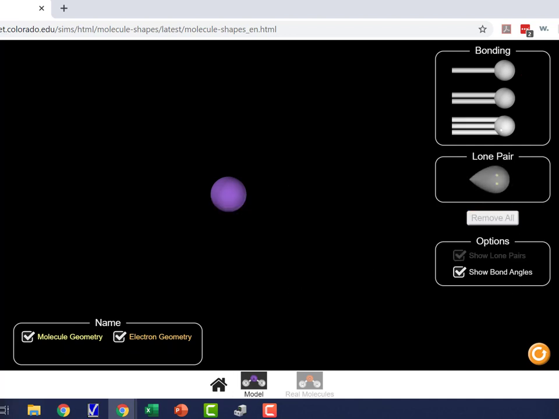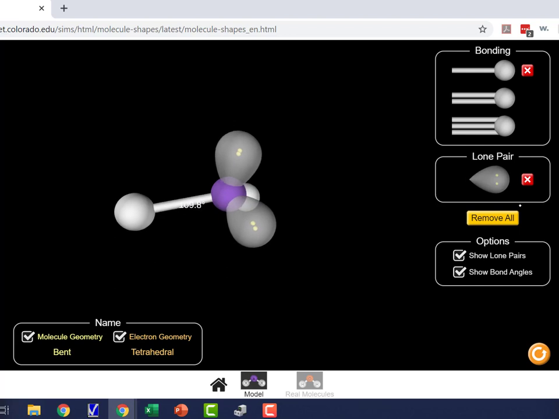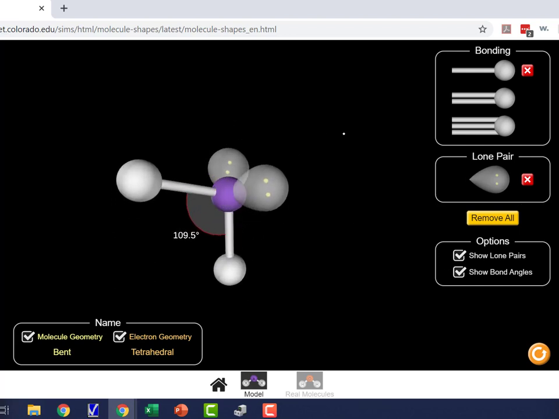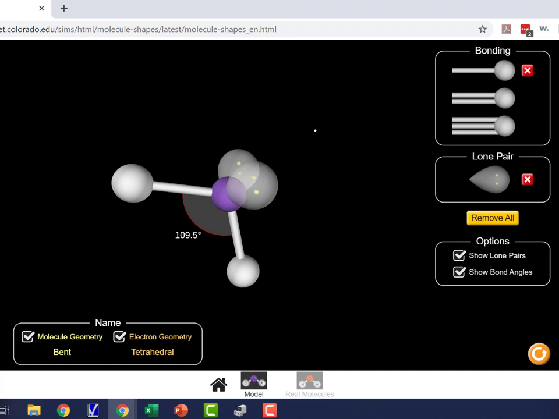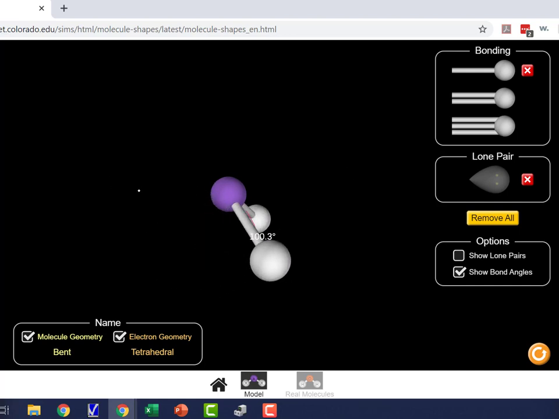Okay, and I want 2 atoms and 2 lone pairs. See, our bond angle is still 109.5. We're not going to see the lone pairs when we talk about shape. So the shape of this is bent.